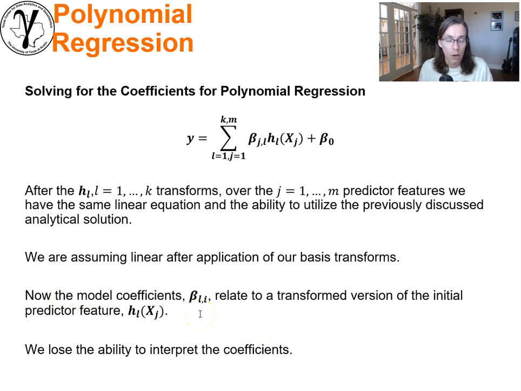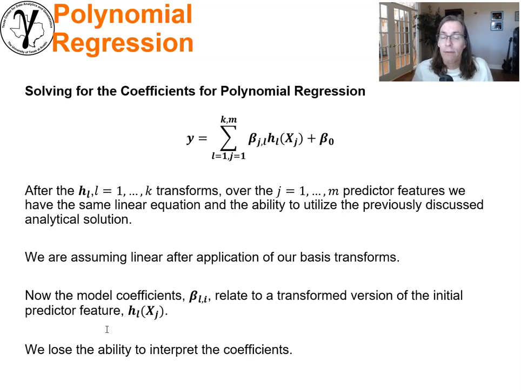Now the model coefficients are related to a transformed version of the initial predictor features. That's why we say we lose interpretability. Because before it was really simple. We'd say, okay, we got this coefficient related to porosity, and you could see directly by its magnitude and its sense, negative or positive, what would be its impact or the strength of its impact, and you standardize the variables.